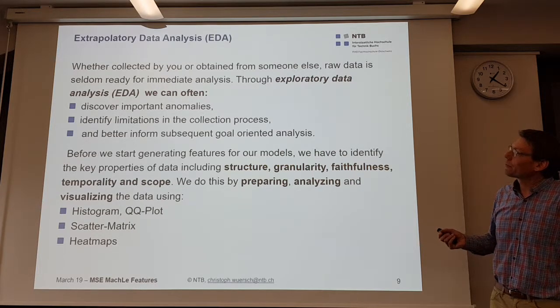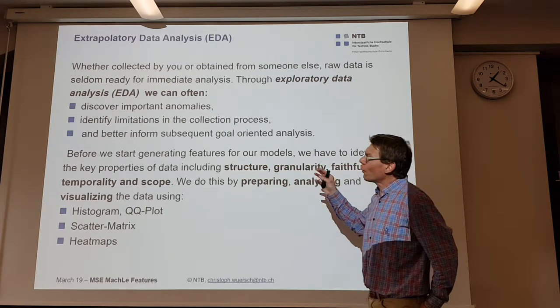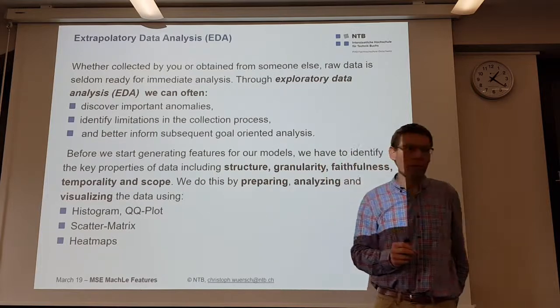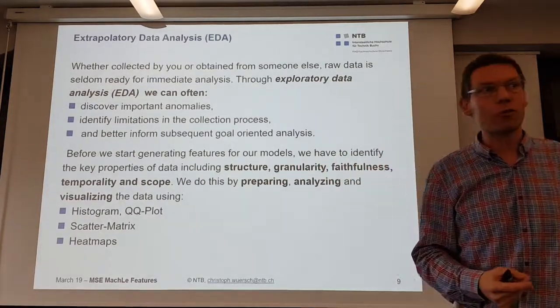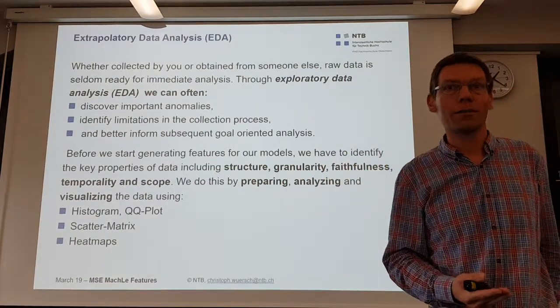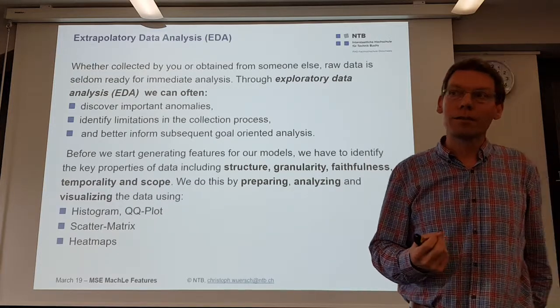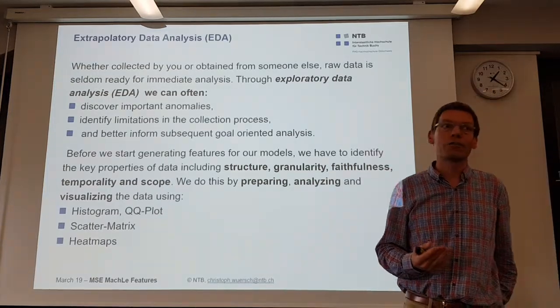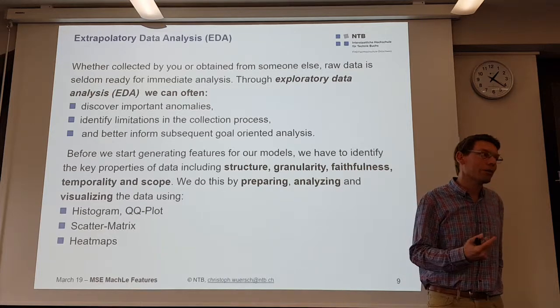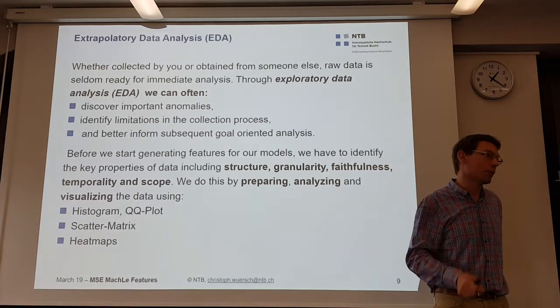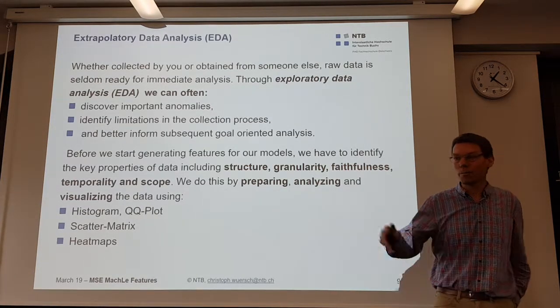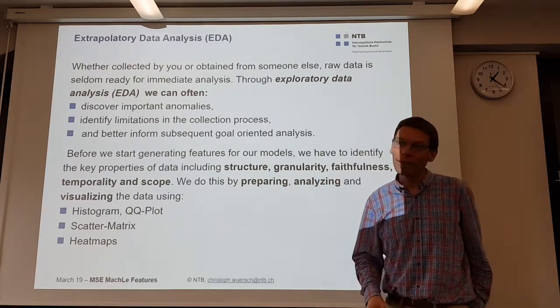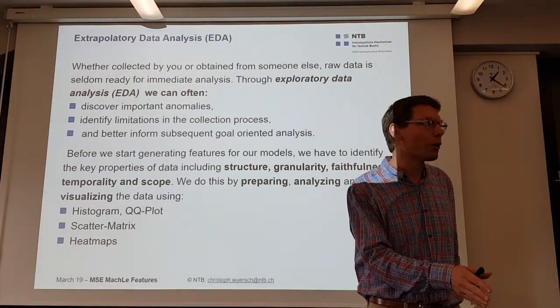Exploratory data analysis. By doing this, we can often discover important anomalies, and we shouldn't discard these anomalies. I think this is the big success and the big advantage of machine learning compared to other methods, where you think of physical modeling. Physical modeling would skip these unimportant things and say, let's reduce to the model which we can treat.